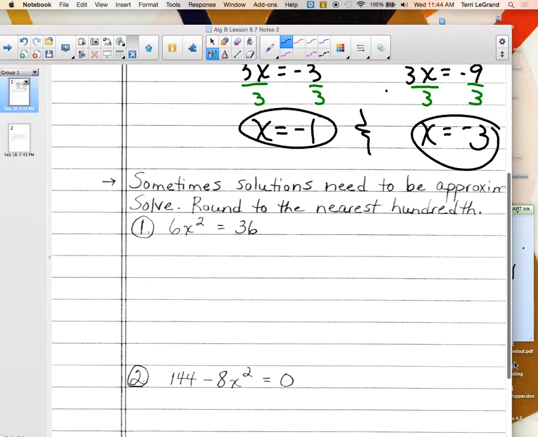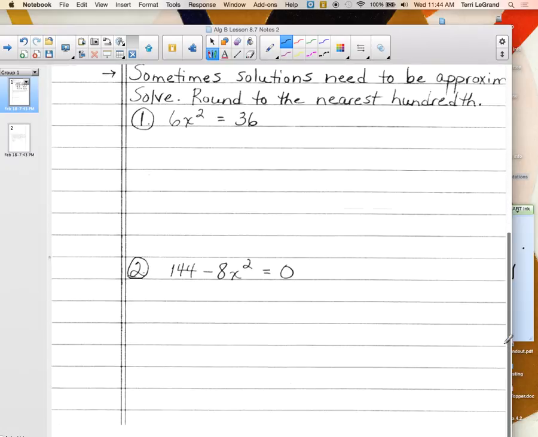Has to be 2 point something, so you said maybe about 2.5. Okay, well, that's why we're going to have to round today, because we don't always have perfect square numbers that we're trying to find the square root of. We have other numbers on the number line that lie between some perfect squares, but they themselves are not perfect squares, so we have to estimate what they're going to be.